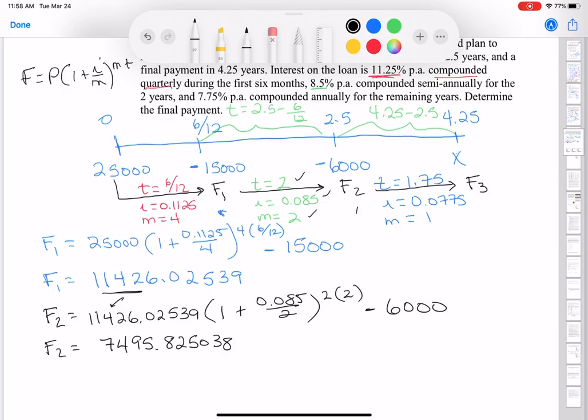All right, so now here I am on the timeline, and I need to move that forward just one more time for a future value 3. And again, I'm transferring all of my decimals. I'm not leaving any out. Our interest rate is now 7.75% compounded annually, and it's going for 1.75 years.